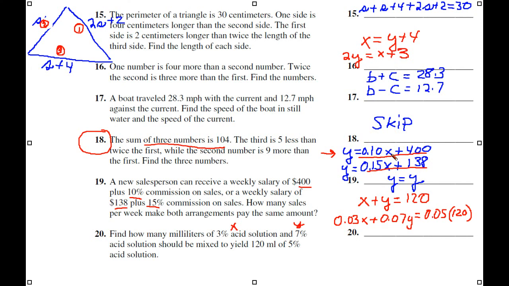And number 20 is very similar to what we've done already. Back in chapter 2, we just used one variable, where we divided this into 2 parts, and using 2 variables makes it a little easier. X plus y equals this, and then 3% of x plus 7% of y gives you 5% of the 120.